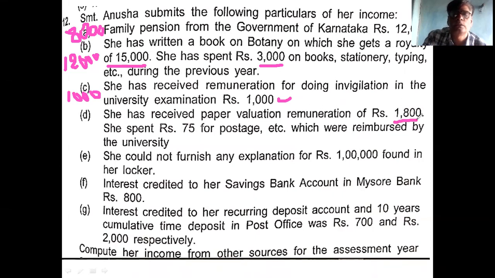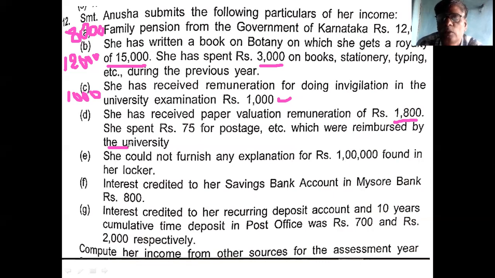She spent 75 rupees for postage purpose, and it was reimbursed by the university. What does it mean? For receiving the 1,800 remuneration, she spent 75 for postal charges, and that 75 is reimbursed by the university.